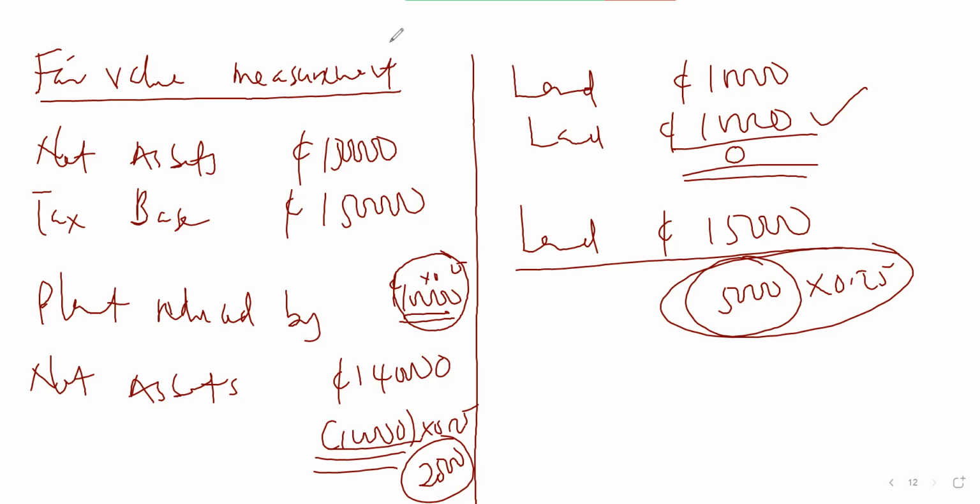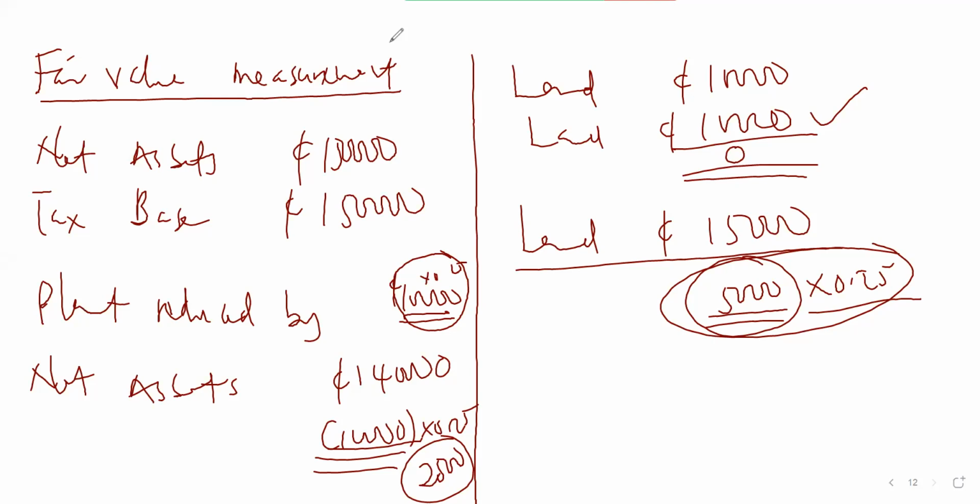If the value is increasing, it is the company that is going to pay the tax. So this will be an expense, subtracted from the revaluation surplus in the other comprehensive income. So have that in mind. Whenever the land is revalued, the revaluation surplus will increase the carrying value by that amount, while the tax base will still be the same.